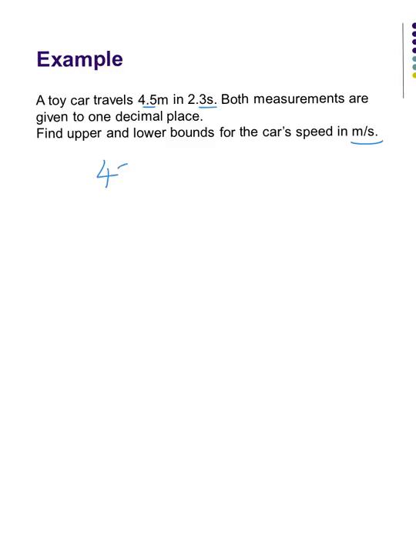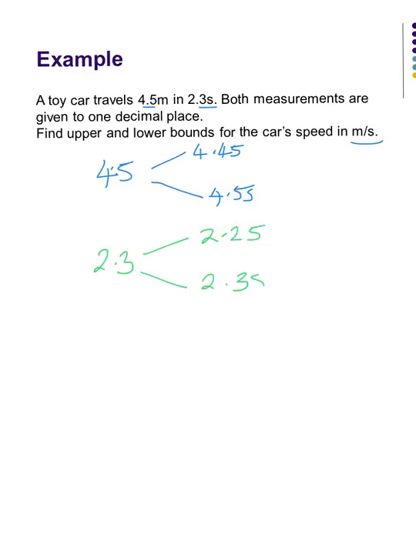Now 4.5 is given to one decimal place, so my lower bound for the distance is going to be 4.45 metres, and my upper bound is going to be 4.55 metres. For the time taken, 2.3 seconds, my lower bound is going to be 2.25 seconds, and my upper bound is going to be 2.35 seconds.